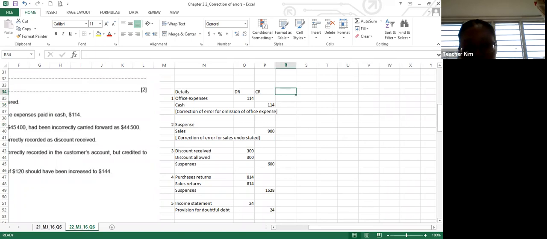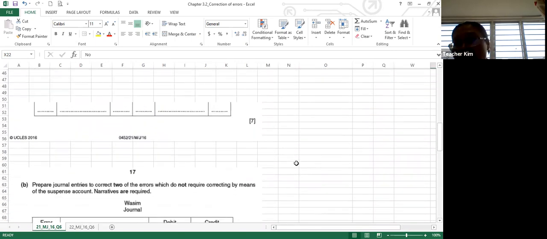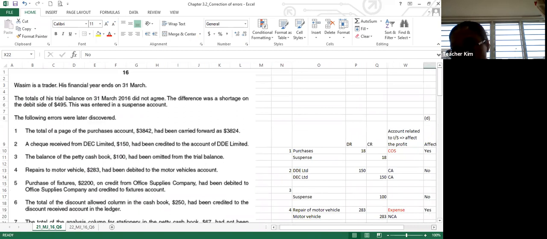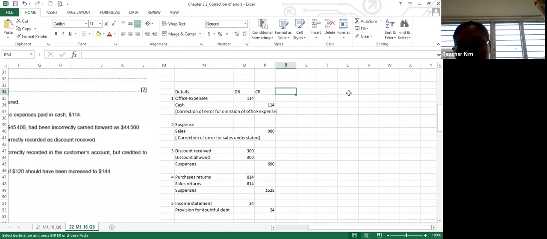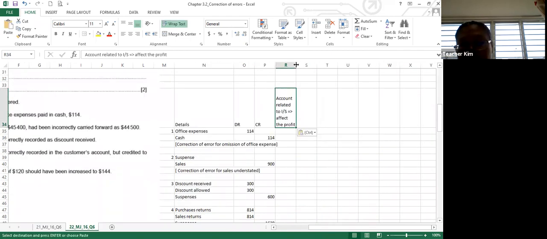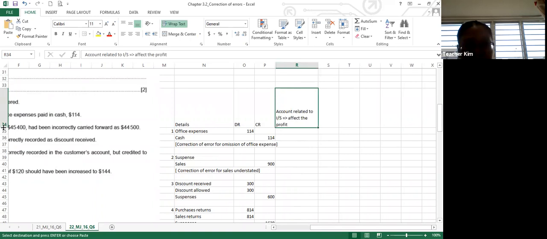Same thing is similar to the previous. What we have to do is see the impact. We identify accounts that are affecting the profit first.